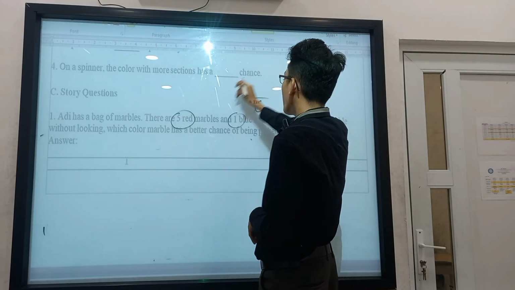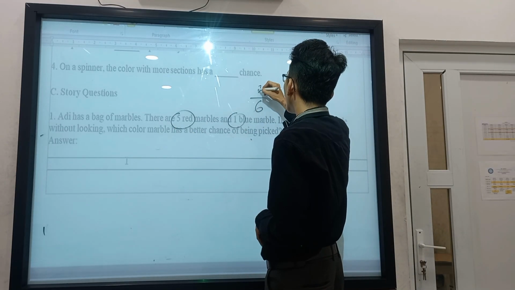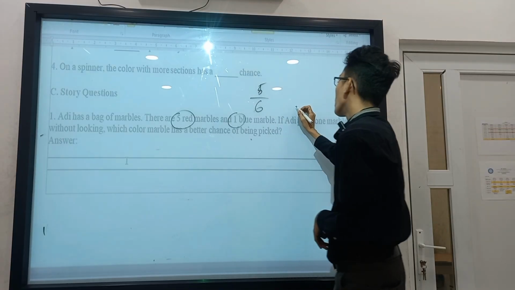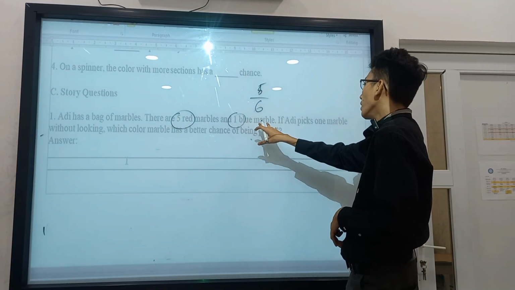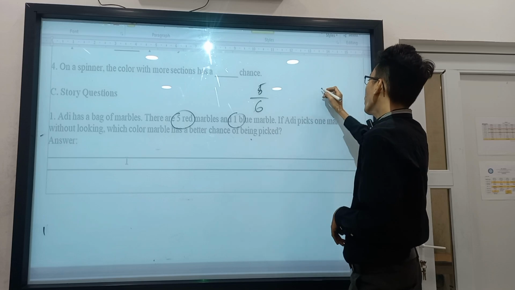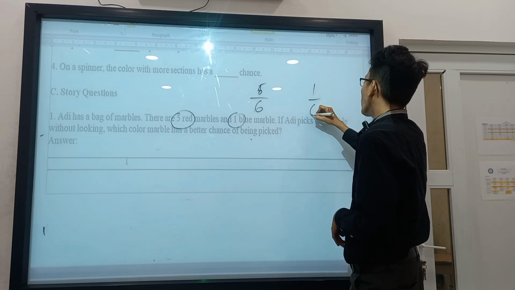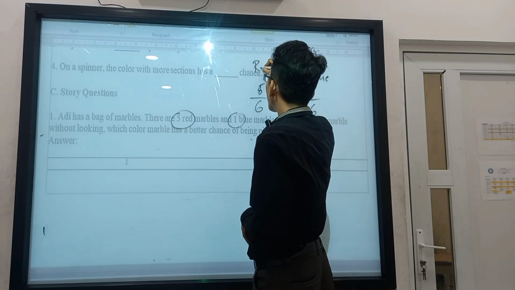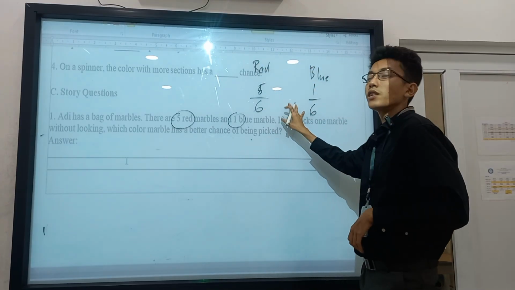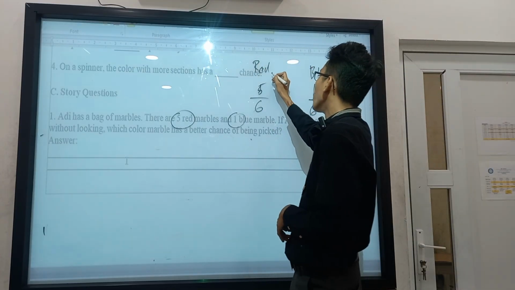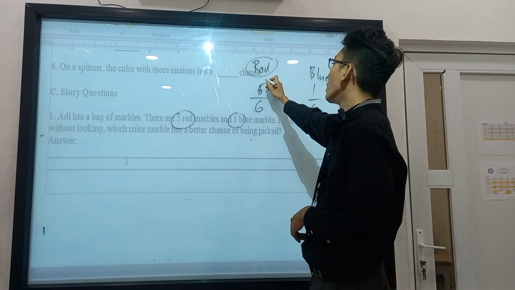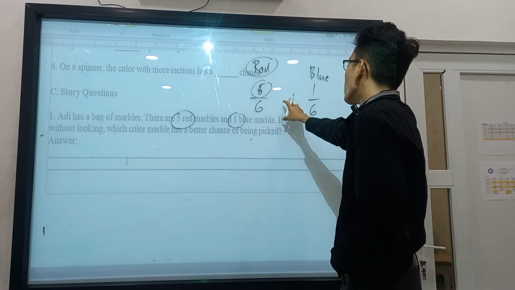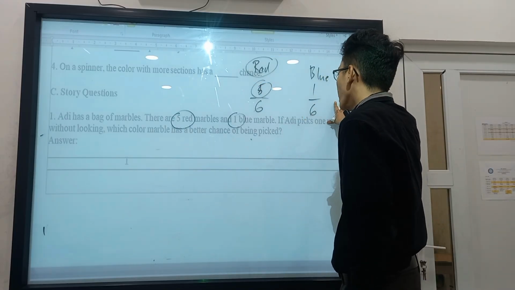So this one is how many marbles? 5 out of 6. While how many marbles of the blue? It will be 1 out of 6. This one is blue. This one is red. Which fraction is bigger? Of course, it will be red because the numerator is bigger than the blue numerator.